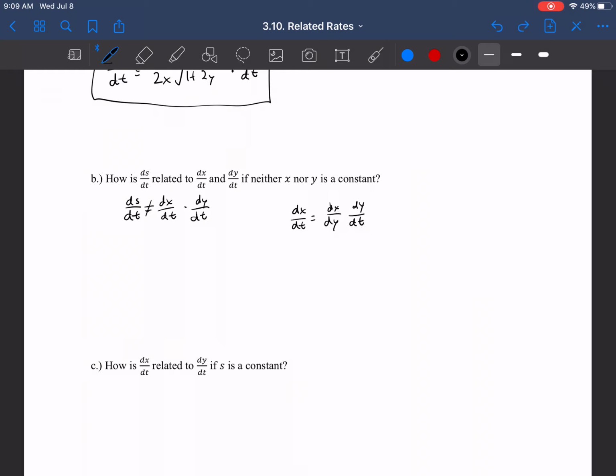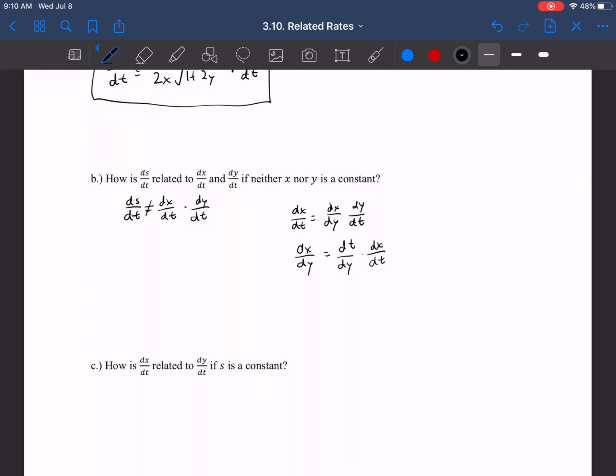Okay, and we can look at dx/dy then as dy/dx times dx/dt.